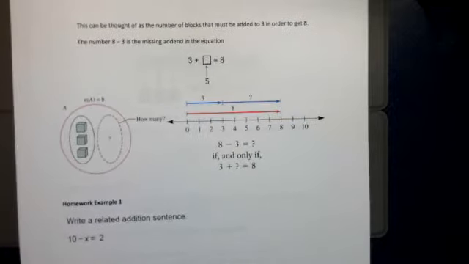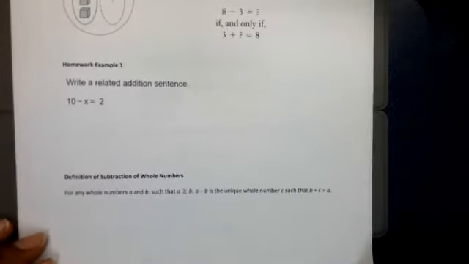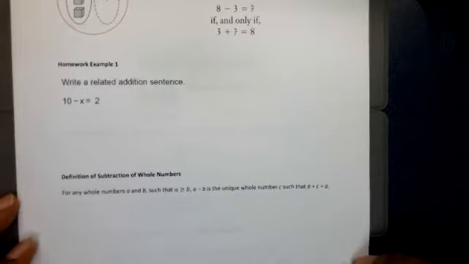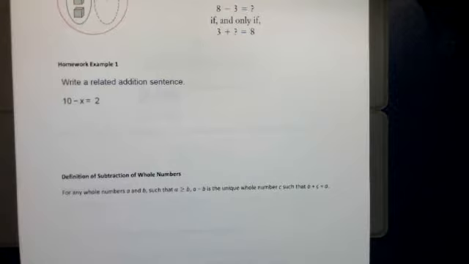Okay, so in this example that I'm going to show you here, let's say we want to write a related addition sentence. Like in this case here, 10 minus x, which is the unknown, is equal to 2.